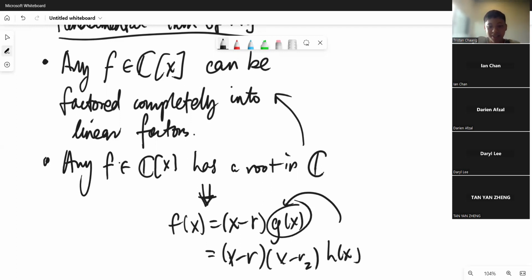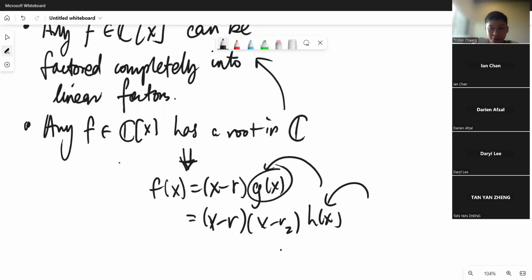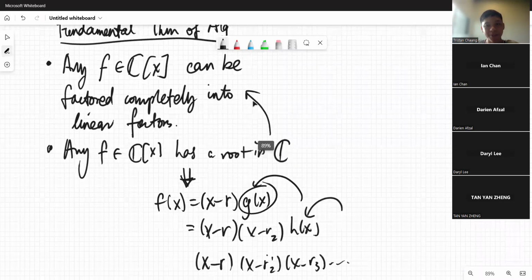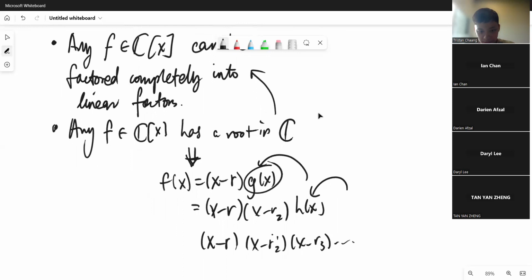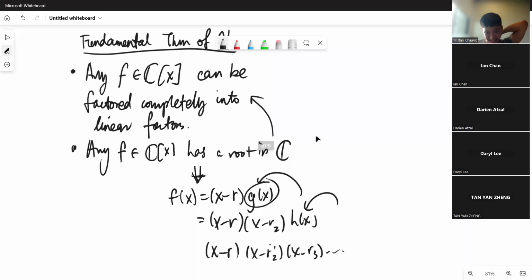And then maybe h(x). And then you apply it to this one again, and so on and so forth. In the end, you will use up every single degree. And therefore, you have proven the first statement. So if the second statement were true, you can prove the first statement. Okay?